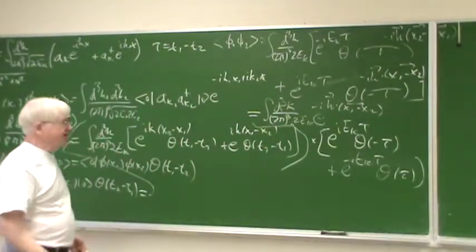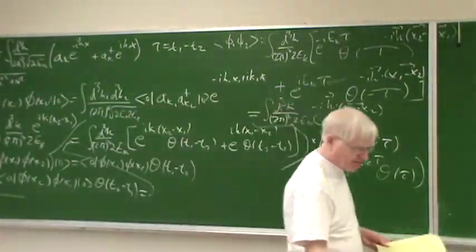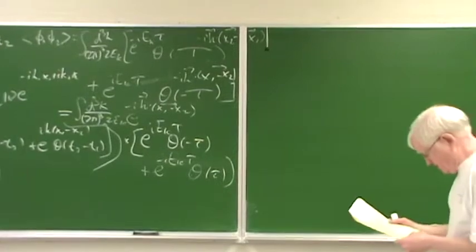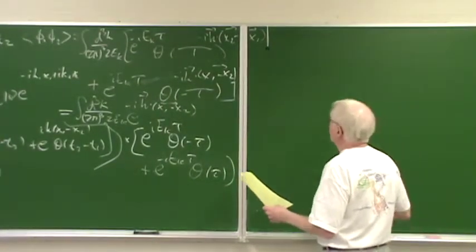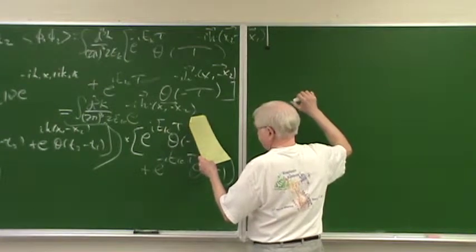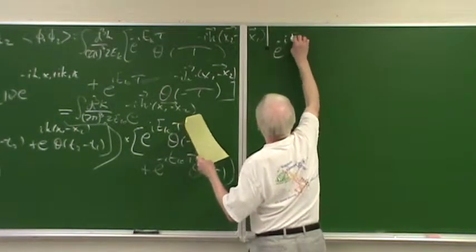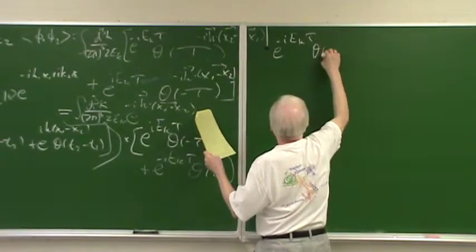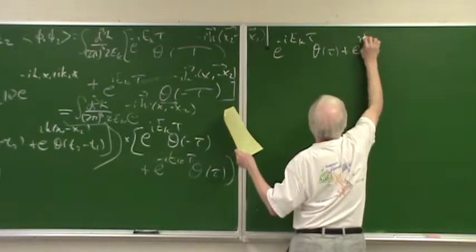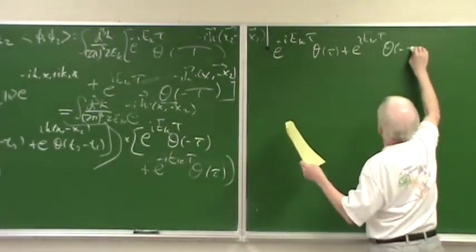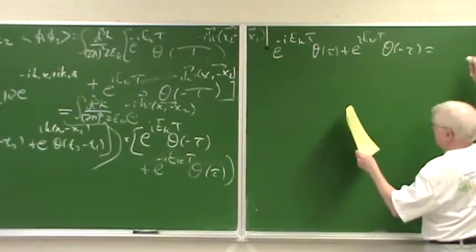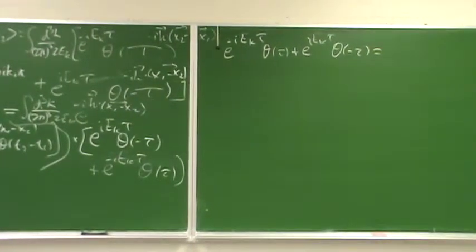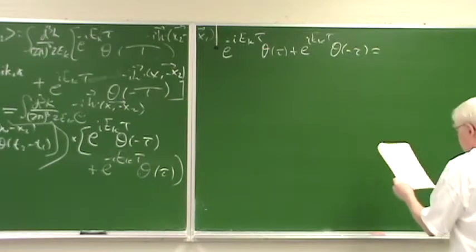All right. Now we're going to do a little bit of complex variable theory. Well, theory, goodness, I mean, it's just a concept. Standard there. And what we want to show is that e to the minus i e_k tau theta of tau plus e to the i e_k tau theta of minus tau, in fact, is equal to, and whenever we have epsilon, it's almost always in the limit epsilon going to 0, so I'm not going to write down the limit.